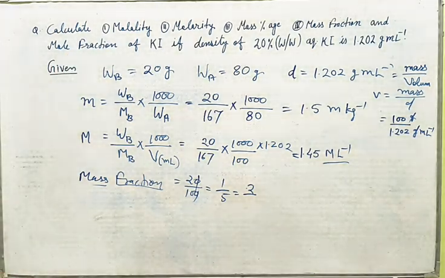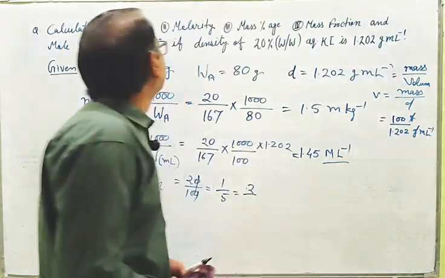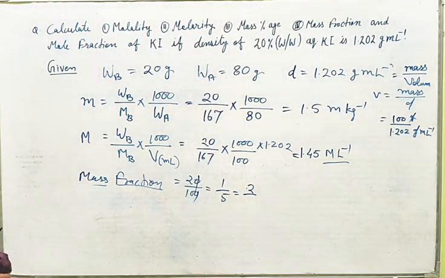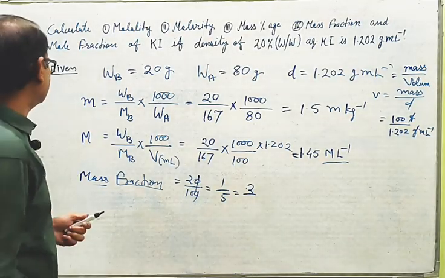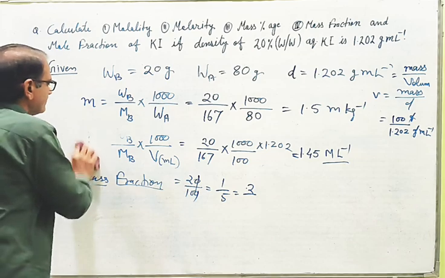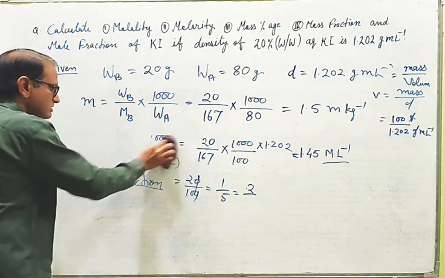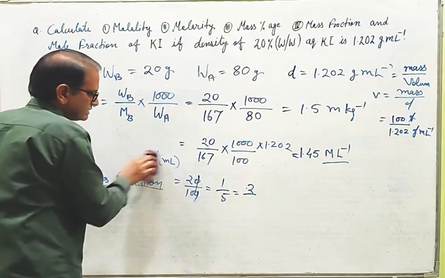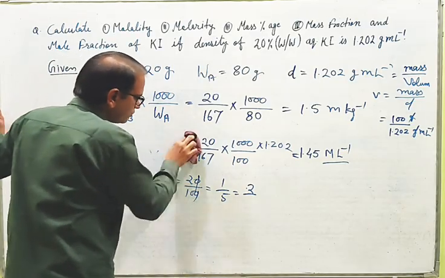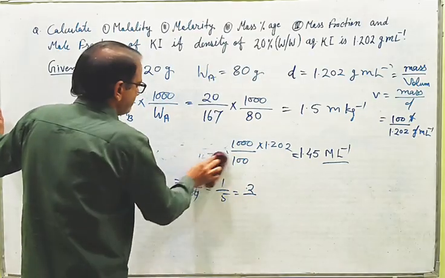Now we have to calculate mole fraction. So how to calculate mole fraction? We have not been given moles here, so what we have to do is calculate moles. Am I right? So how to calculate moles? Because we have been given weight in grams. If you have weight in grams, by using the mole concept you can easily calculate the number of moles, and if you have the number of moles then you can easily calculate the fraction.